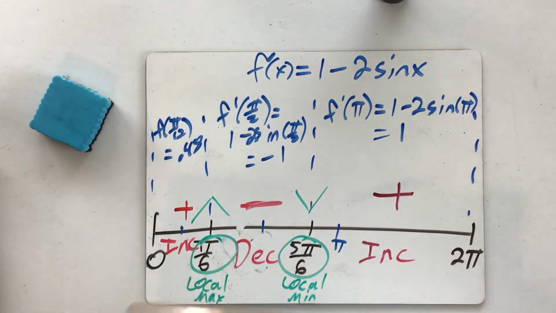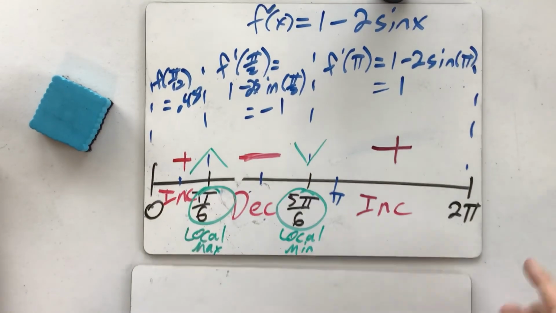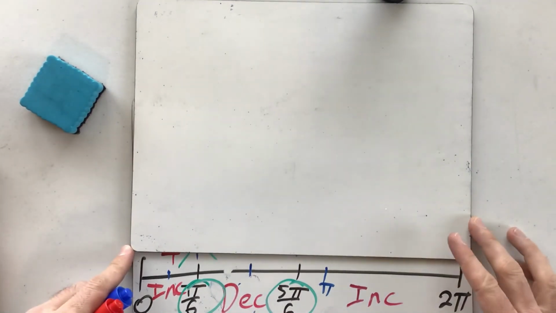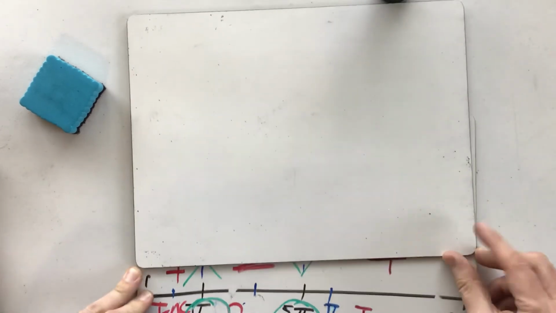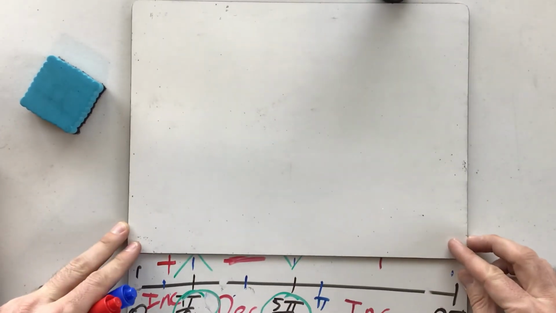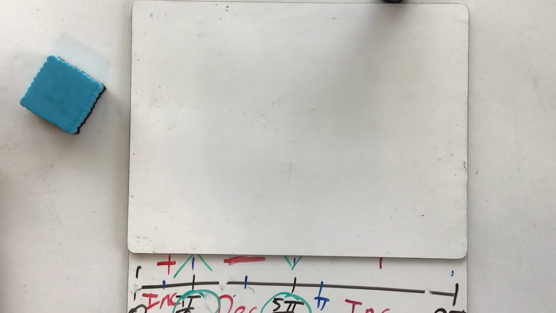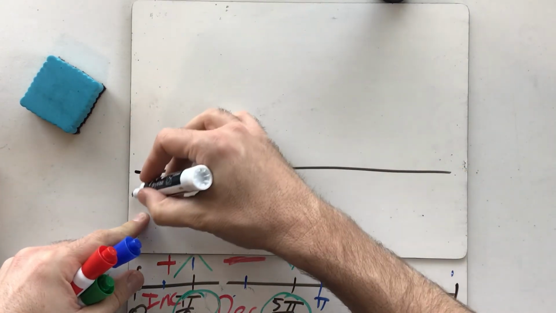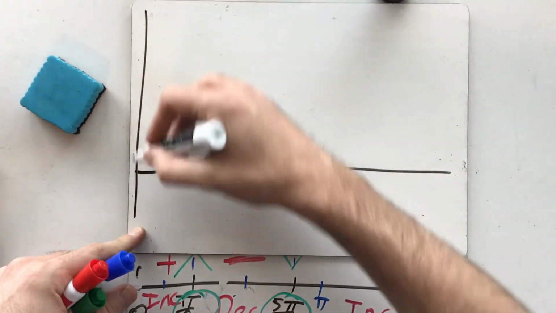Let me do that as best as I can. Let's put our graph right on top of here and see if I can see a little bit of what's going on. So what is my graph going to look like? I'll draw my line here. Let's go right here because that's 0.